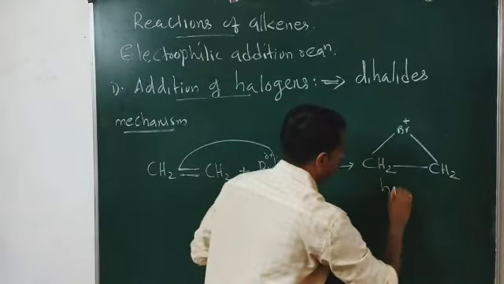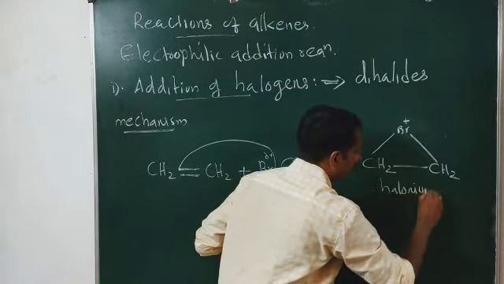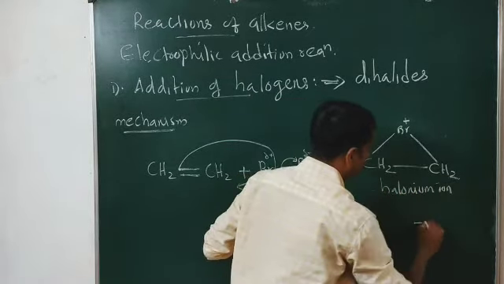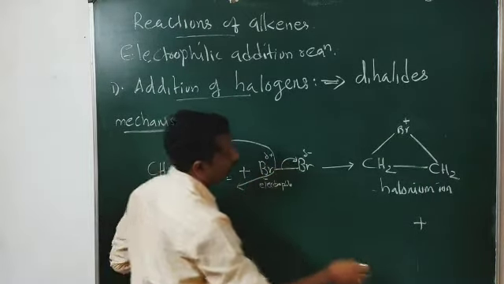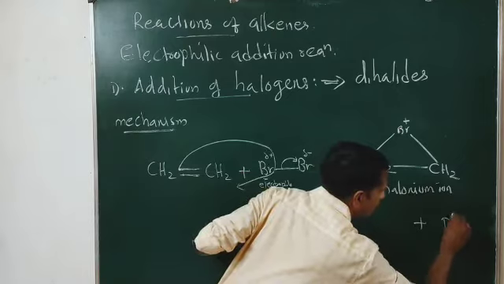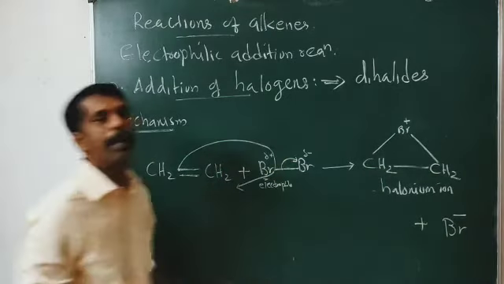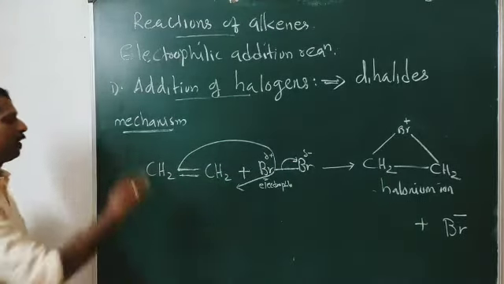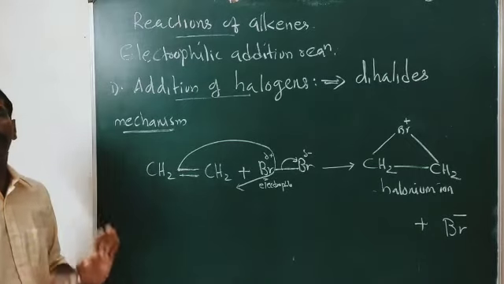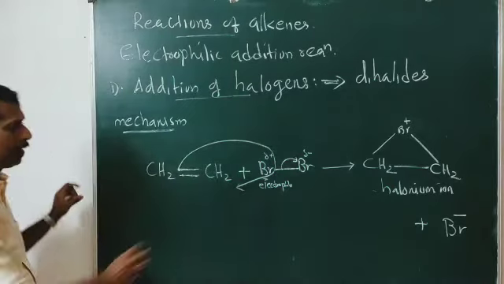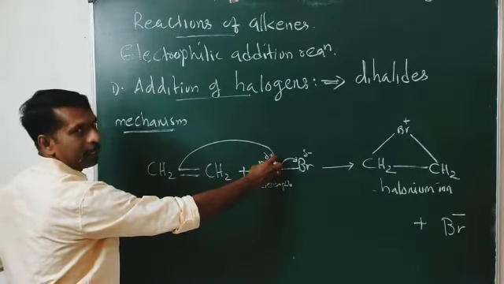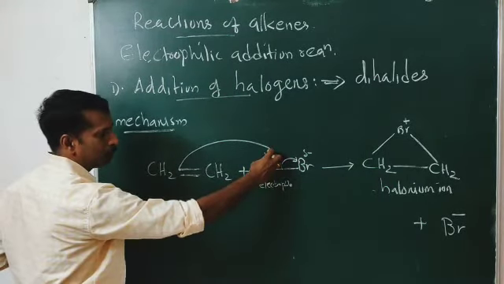This is known as a halonium ion, and what will happen? This bond is shifting to this Br, so this Br will become completely negatively charged, Br minus. So this is the first step, formation of a halonium ion. This is an intermediate. Once again I repeat, this Br plus can act as an electrophile, positively charged.